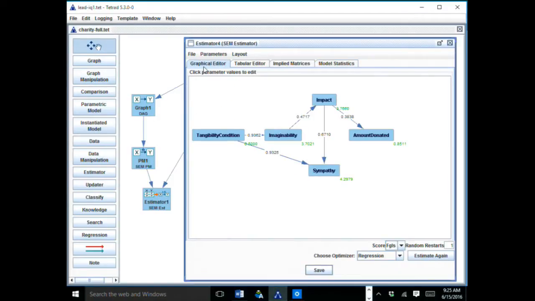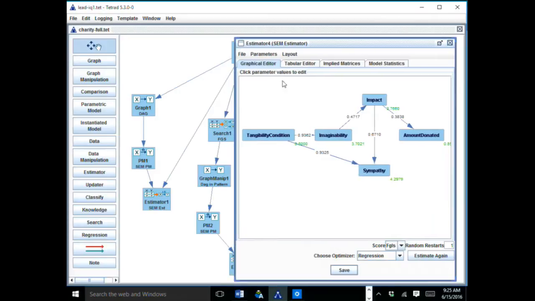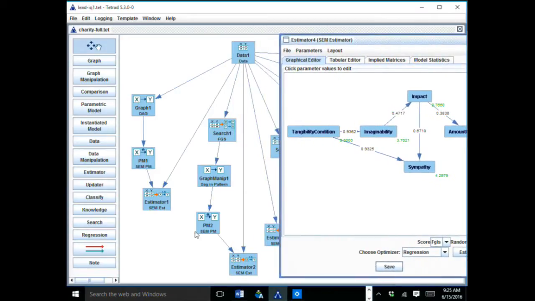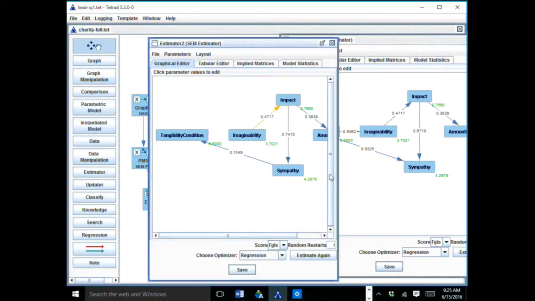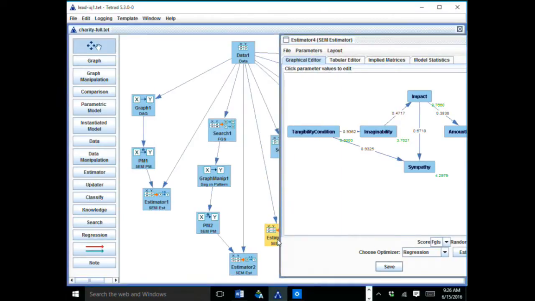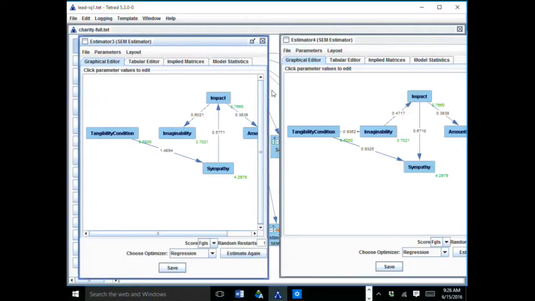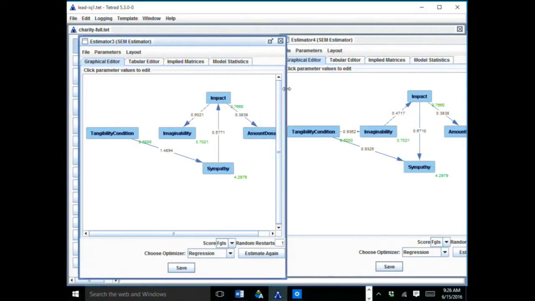But here's what I want to point out: this is the one where tangibility causes imaginability, and this is the other one. In both of these models, if I said to you, we don't know which of these models is true, what would you take away from this analysis? As a scientist.